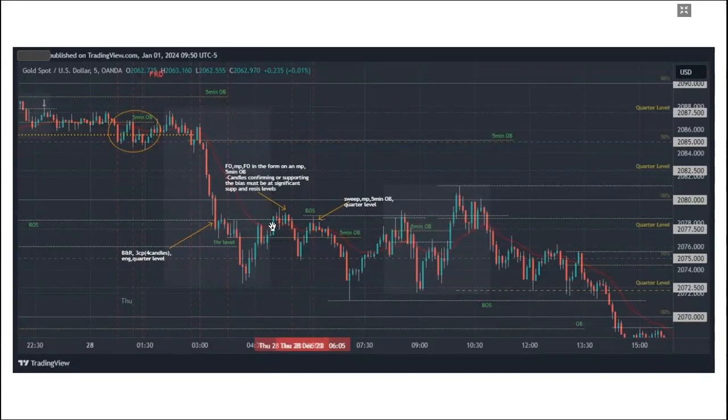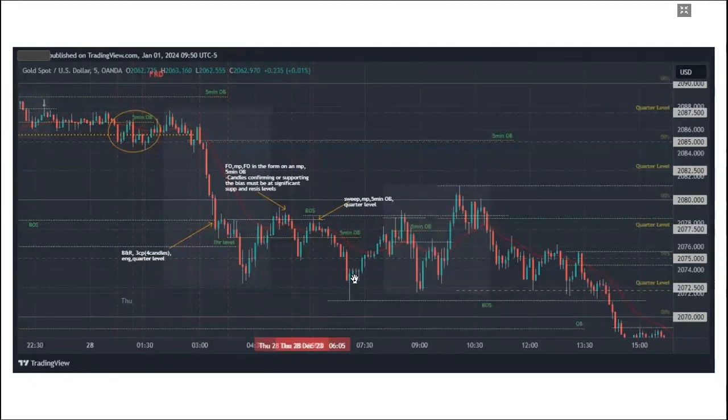This is a significant resistance level because we broke structure on the 5-minute, therefore creating the 5-minute order block and this high right here. Here we have a sweep and M pattern inside the 5-minute order block area and rejecting off of the quarter level, so we can take sells here.